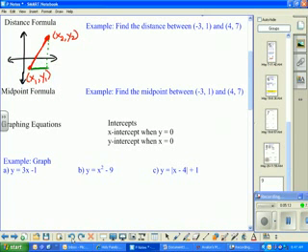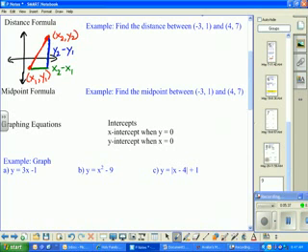Let me rewrite that a little bit bigger. Here we go. So this one I can find by doing x2 minus x1 is the length of this side. Our vertical is the change in the y coordinates. In the y coordinates, I would do the second one, subtract the first.